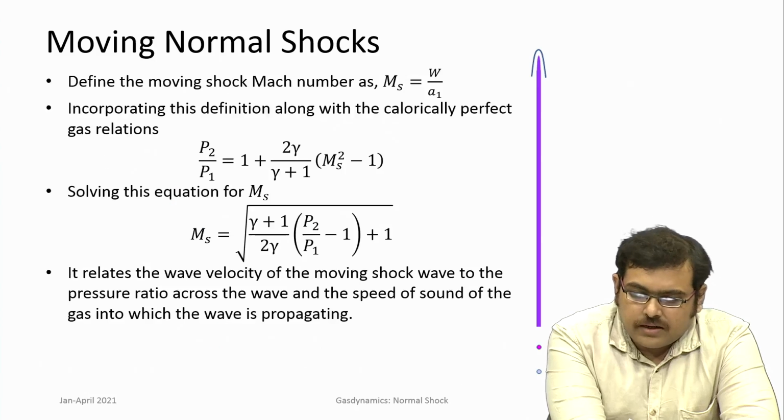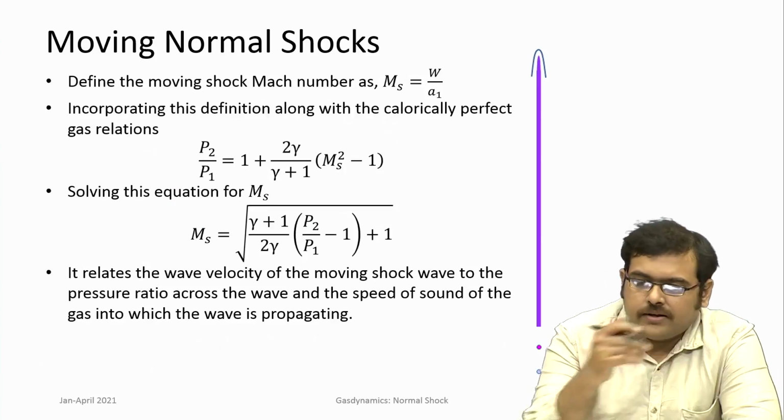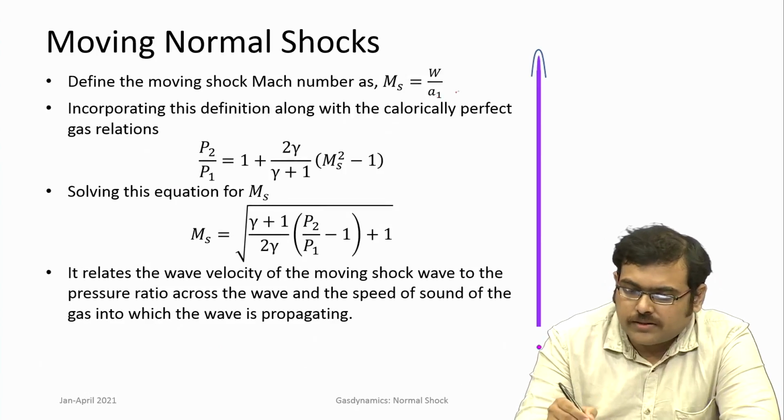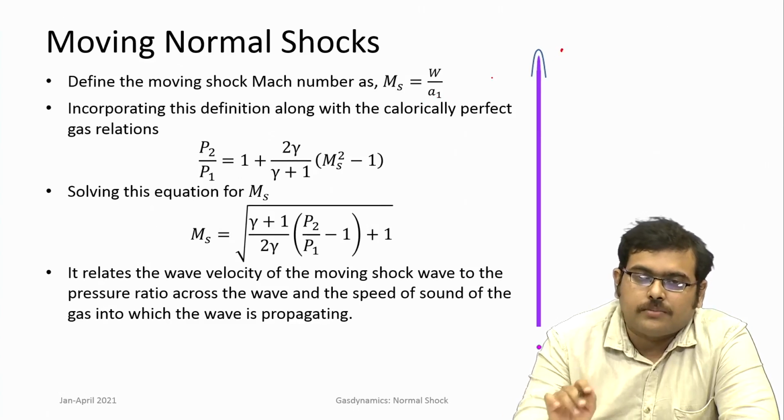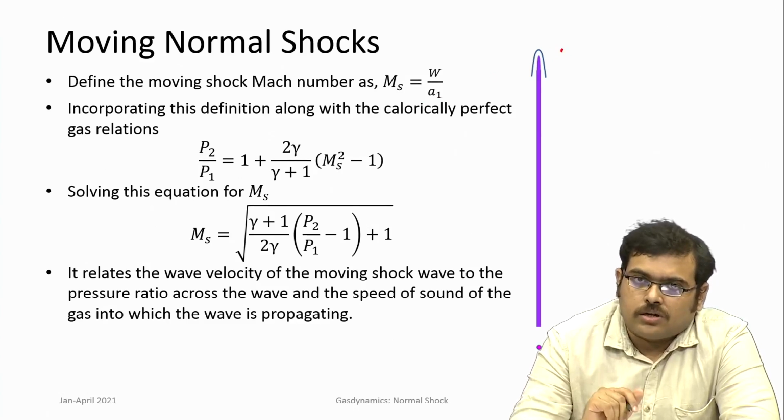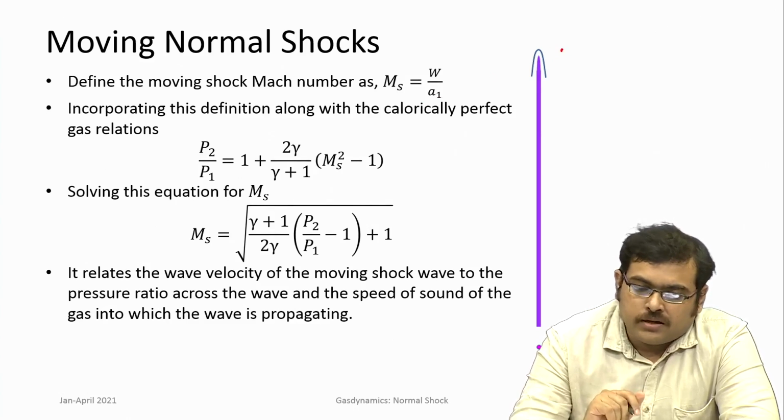Okay. So, now if you do that, the Mach number of the shock is W by A1, where A1 is the speed of sound in the medium into which the shock is moving. MS is the Mach number of the shock.